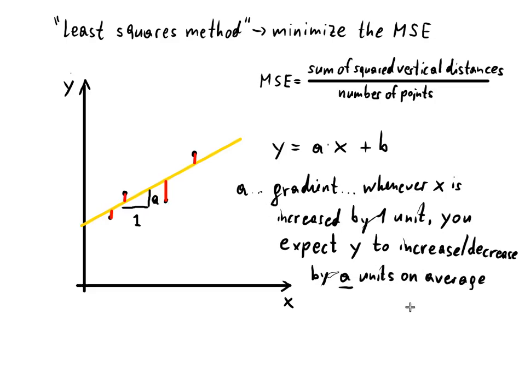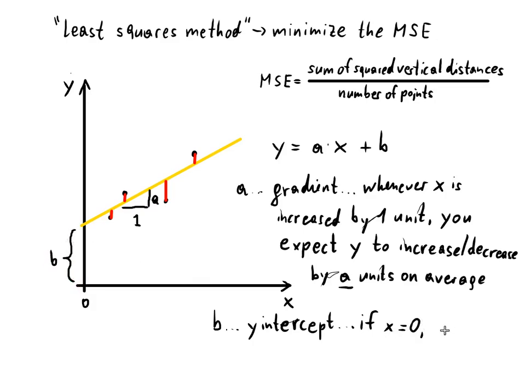Well, that's the interpretation of the gradient, and the interpretation of the parameter b, the y-intercept. You could say that if x is 0, then you would expect y to be whatever this b means.